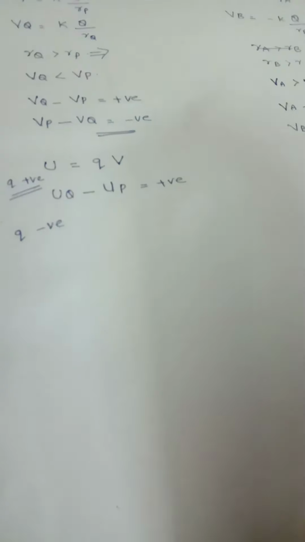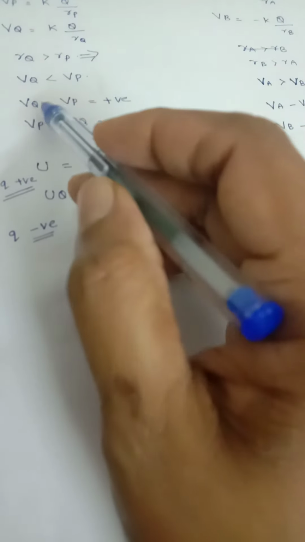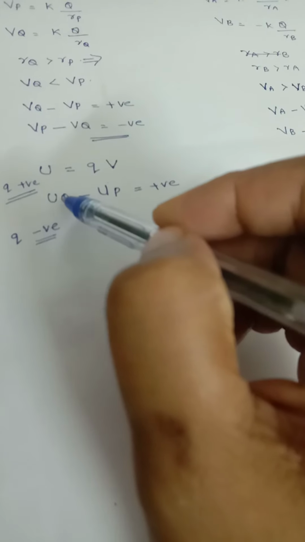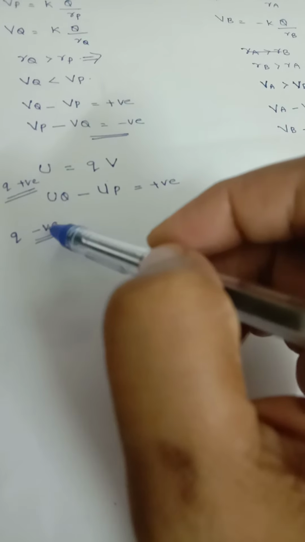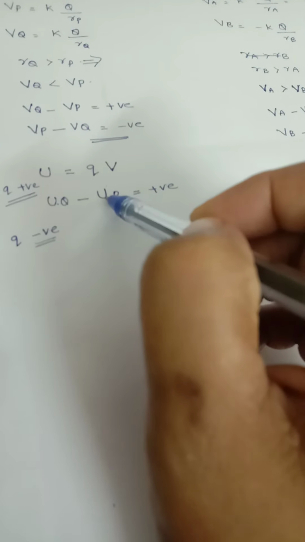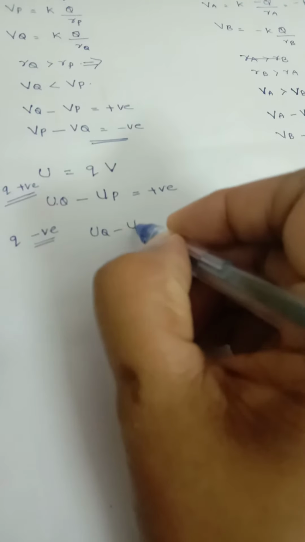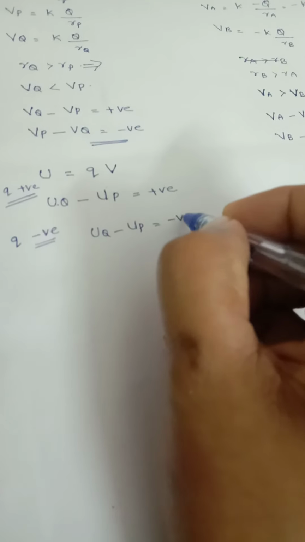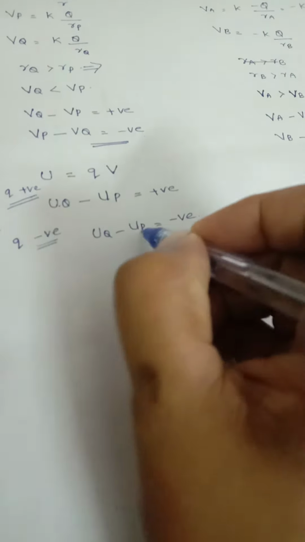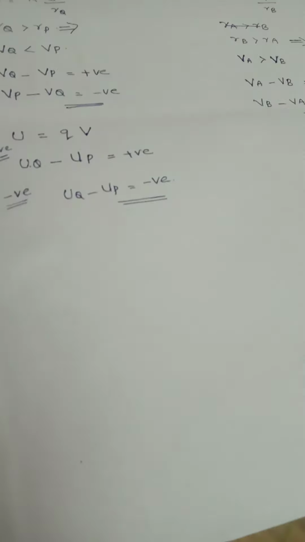And if the charge is negative, then multiplying VQ with that negative charge gives UQ, which means UQ is more negative and UP is less negative, so UQ minus UP will be negative. And in reverse, UP minus UQ will be positive.